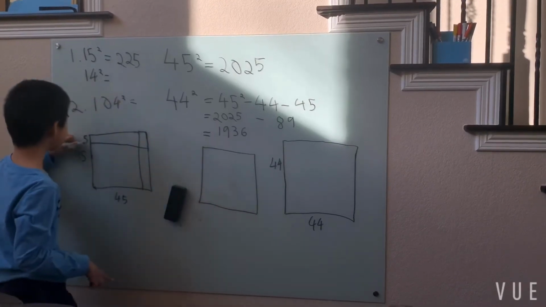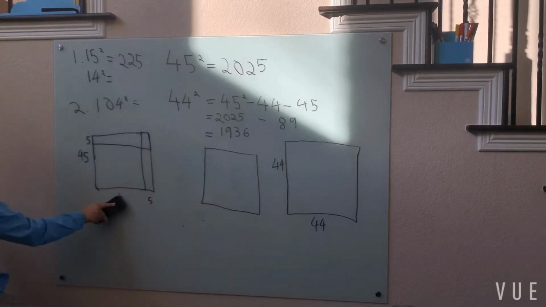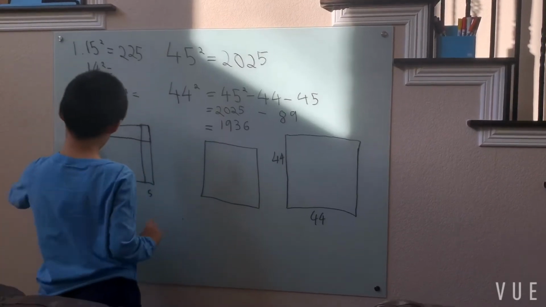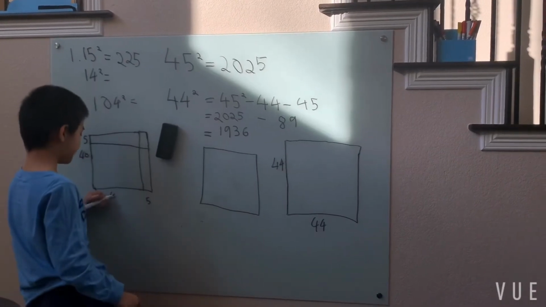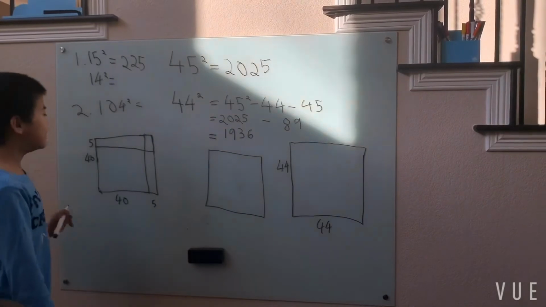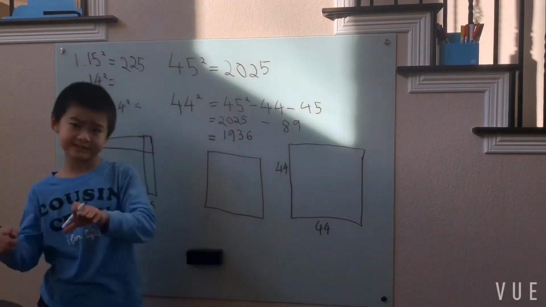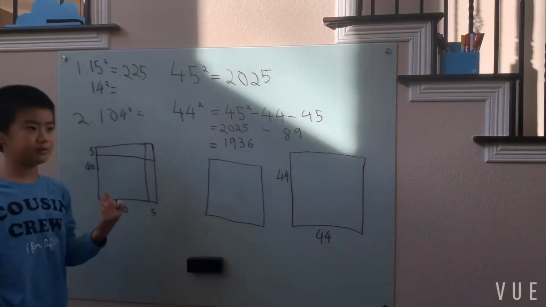And these side lengths, I'm going to label them 5. So I want the length to remain 45. These lower sides will have to be 40. And then this is the area of our shape. So no matter how I arrange the pieces, the area will stay the same. So I can arrange them however I want.